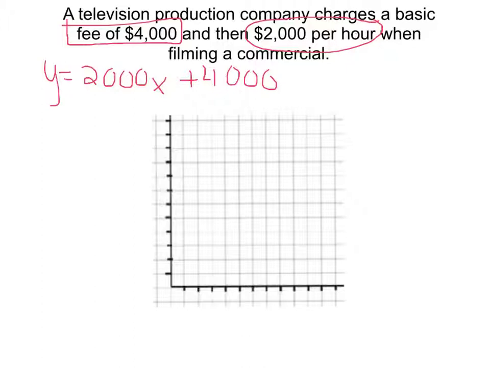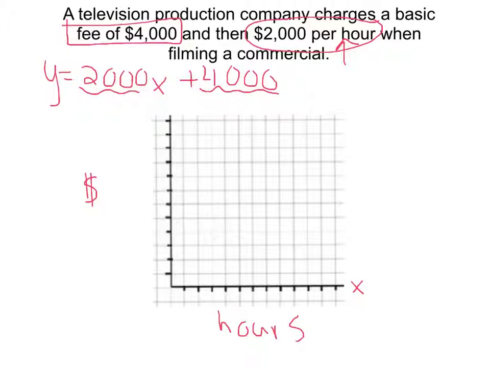So let's think about what our two variables are for this graph. We have money, and then we have this per hour. So for the x-axis, that is almost always time, we have hours, and then y, we have money. Now we need to label this. We have to think, well, we're starting at 4,000 and increasing by 2,000 each time.